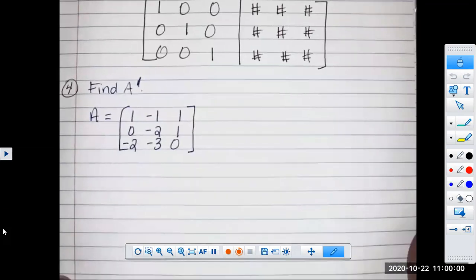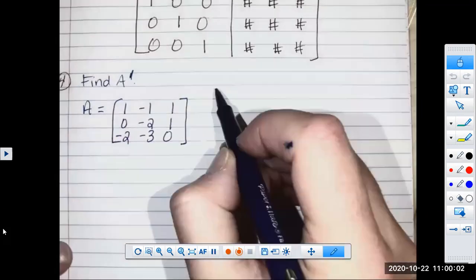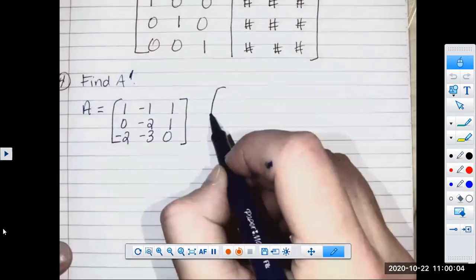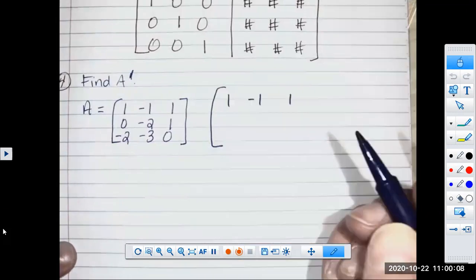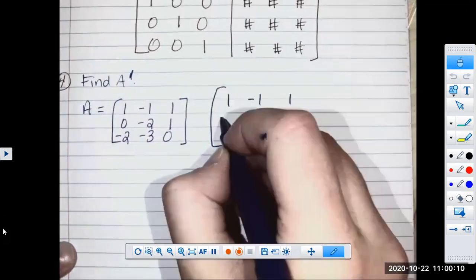The first thing you're going to do is write that, and you could just do it out to the right of it.